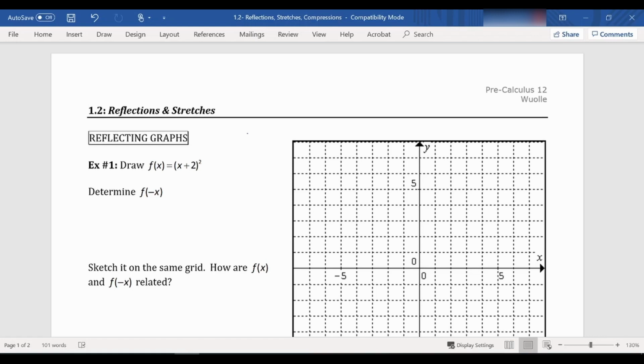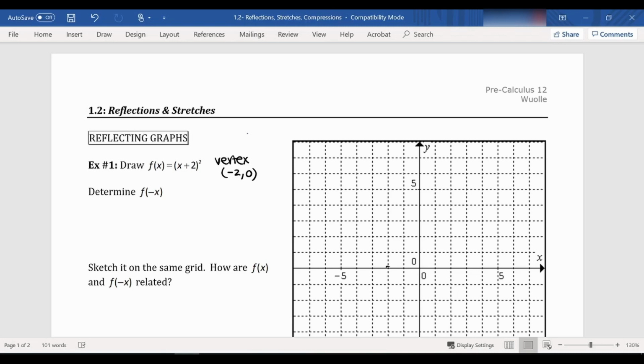So this first graph here, we're going to graph something we are familiar with. In Precalc 11, you covered lots of quadratics. We are going to graph f of x equals (x plus 2) squared. So just a reminder, this is a quadratic with a vertex at -2, 0. It opens up and it has our most basic pattern.